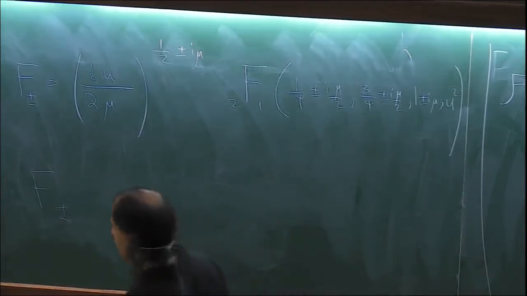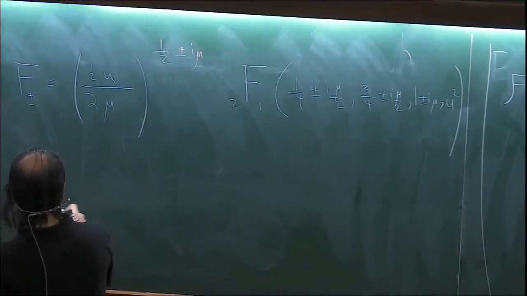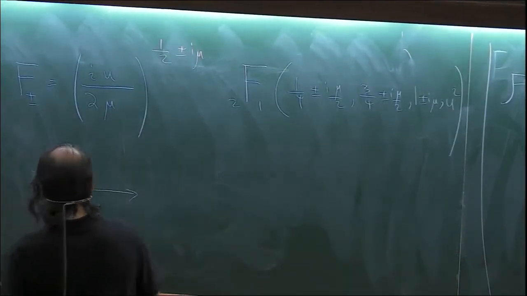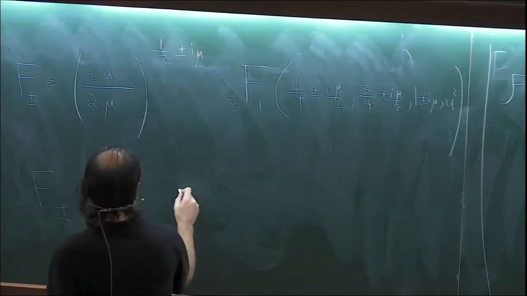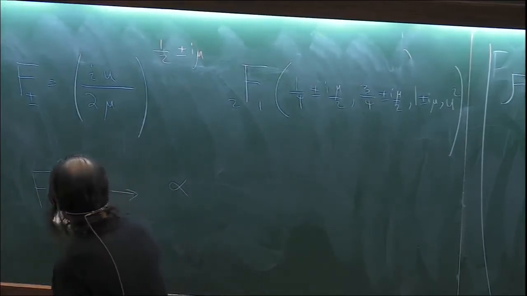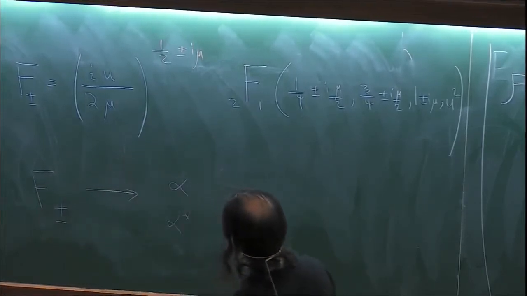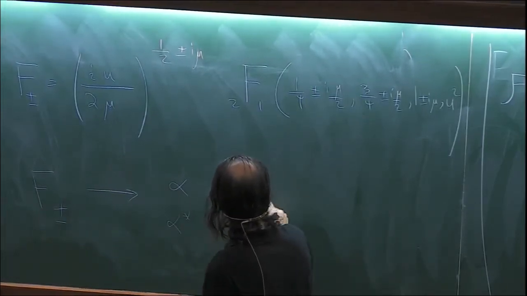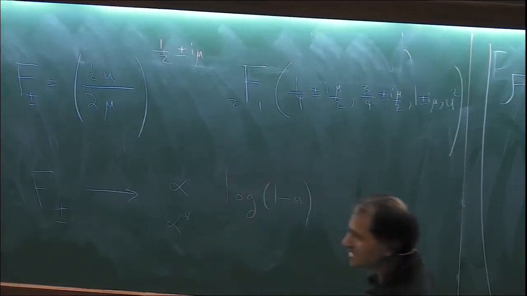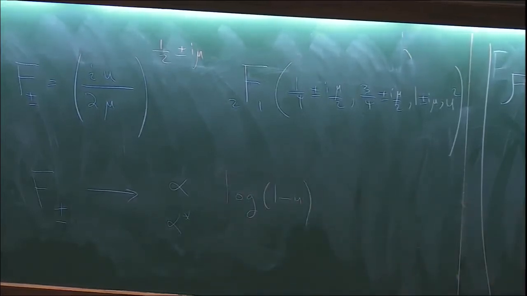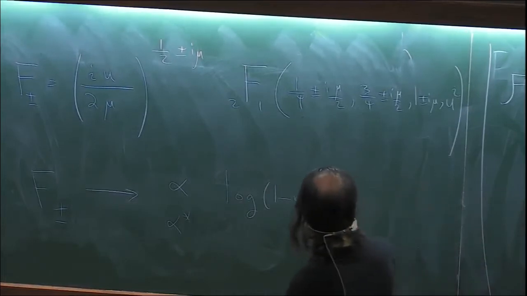Or minus 1, but we'll just keep track of u going to 1. F plus or minus goes to either alpha, if it's plus, or the complex conjugate of this number alpha, if it's minus, times log(1 minus u). So it has that singular behavior, both of them. Okay, where alpha is a specific number.